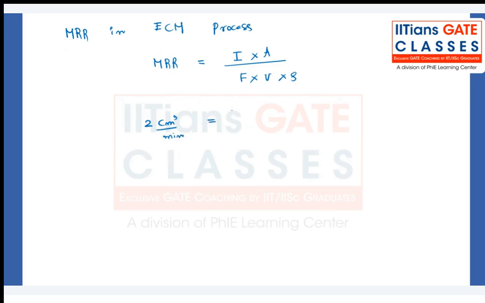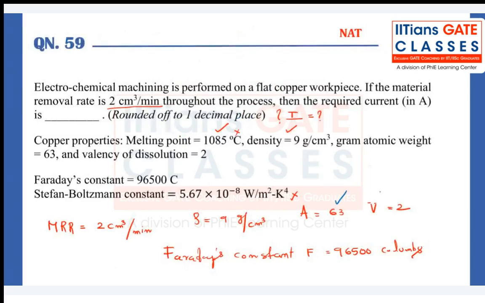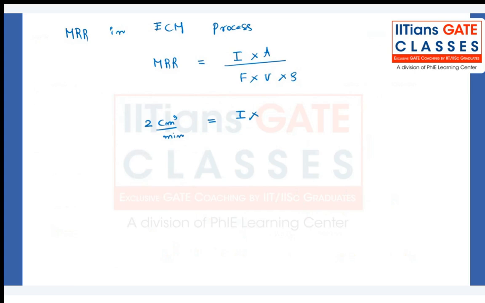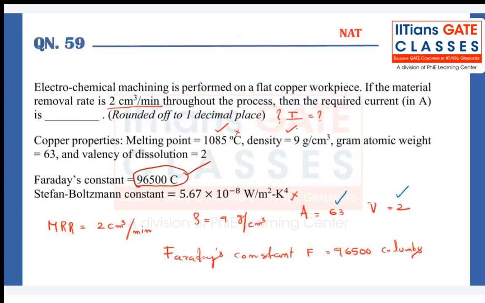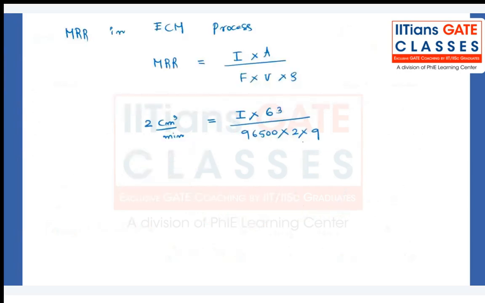We have to find the current I. The atomic weight of copper is 63, the valency is 2. Sometimes you need to remember Faraday's constant, 96,500, but here it is provided, no problem at all. Faraday's constant is 96,500, valence 2, and the density is 9.